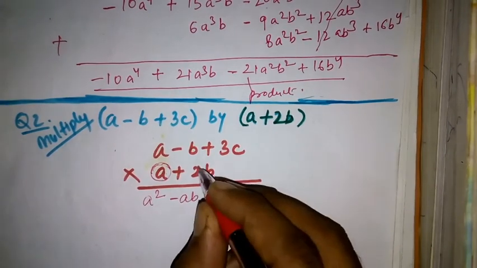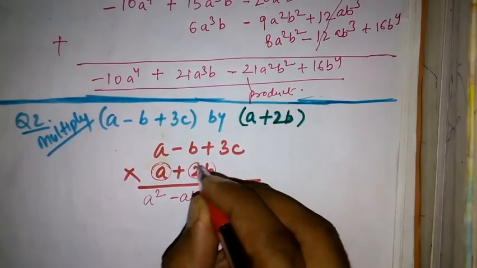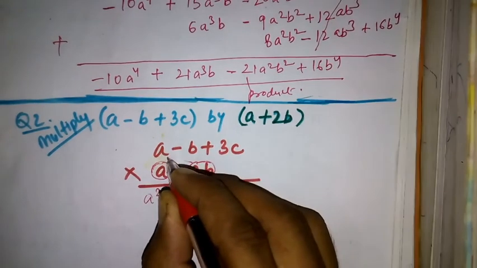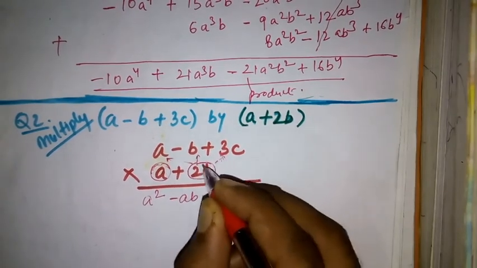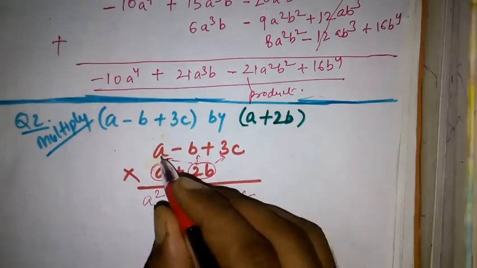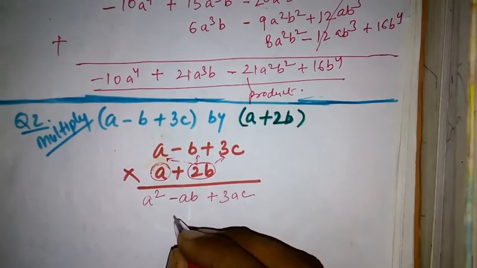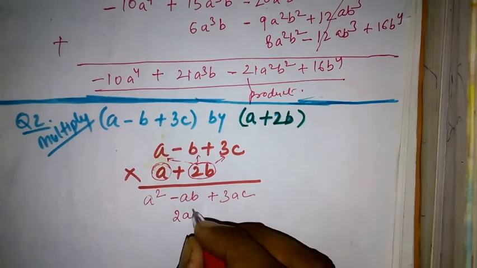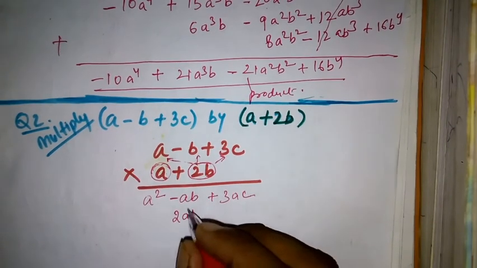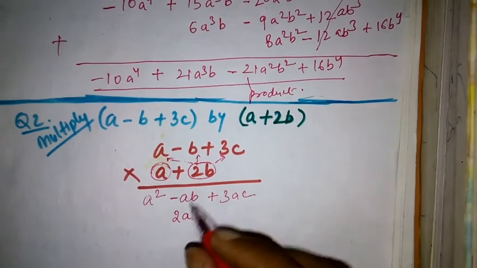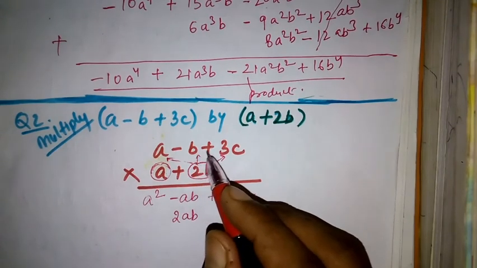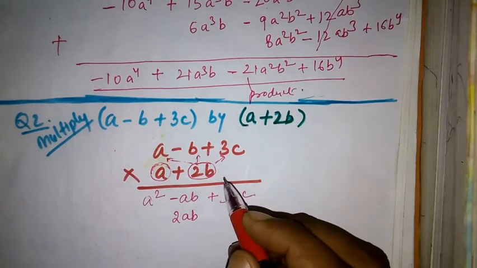Now we will take the other term and multiply it with all the terms of the trinomial expression. So a into a is a square, a into minus b is minus ab, a into 3c is 3ac. And 2b into a is equal to 2ab. We will write this under the ab term so that like terms are arranged in the same column. 2b into minus b is minus 2b square.